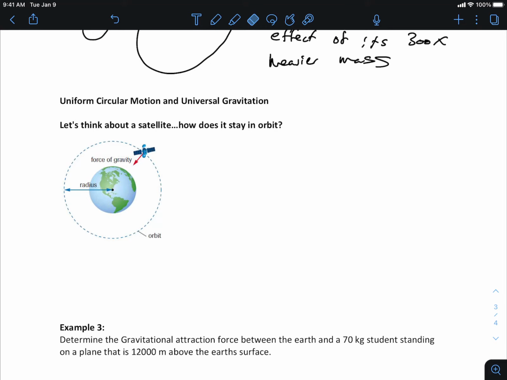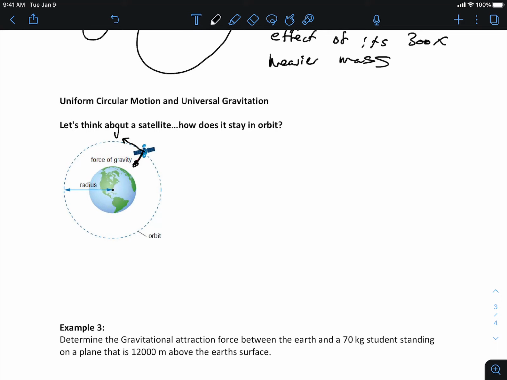And so here we're going to experience the same thing. This little red arrow is the force of gravity, and it's keeping the satellite pulled inward, but this pull is being balanced by the velocity at which it is moving, v, the tangential speed.